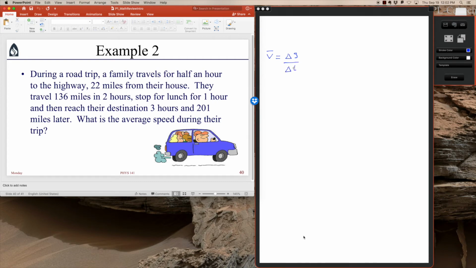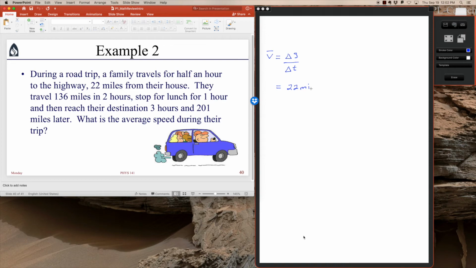So if we look at the distances traveled by this family, they first travel for half an hour, which is 22 miles from their house. So first they go 22 miles. Then they travel 136 miles in 2 hours.